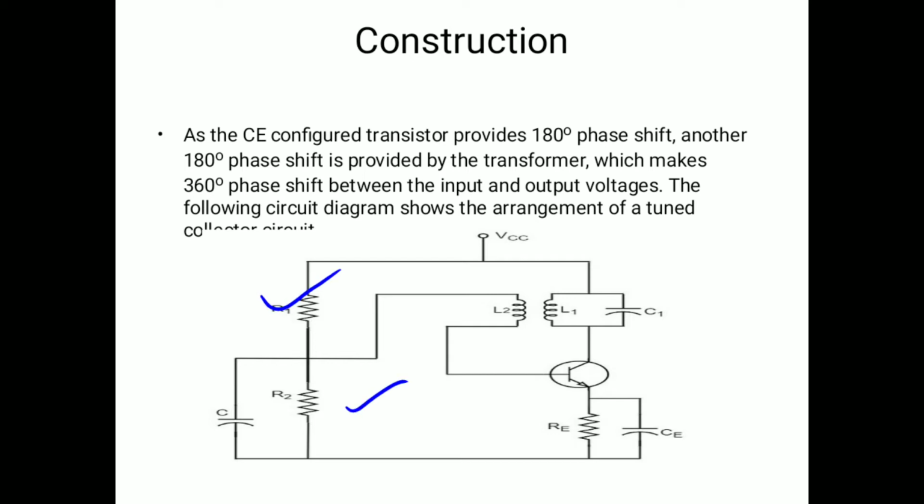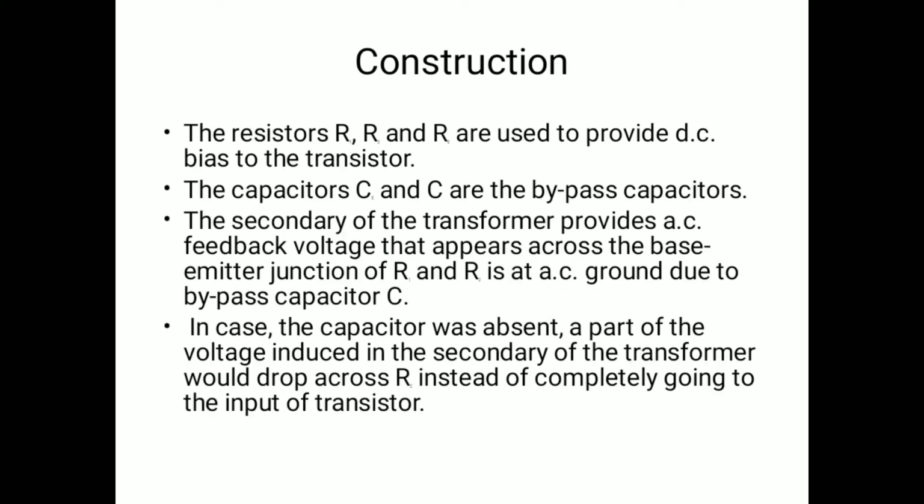R1, R2 and RE are used for providing the biasing of the transistor. Similarly, capacitors C and CE are used as bypass capacitors. The secondary of the transformer provides the AC feedback voltage that appears across the base emitter junction.